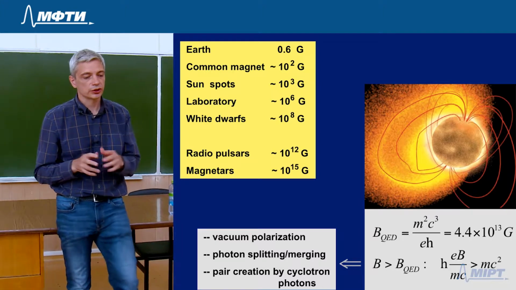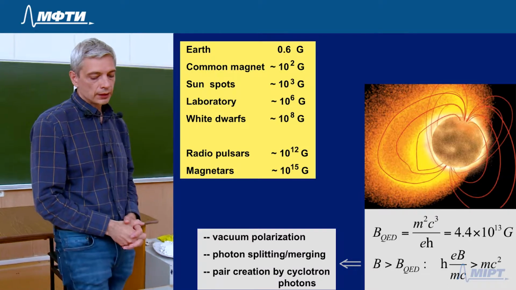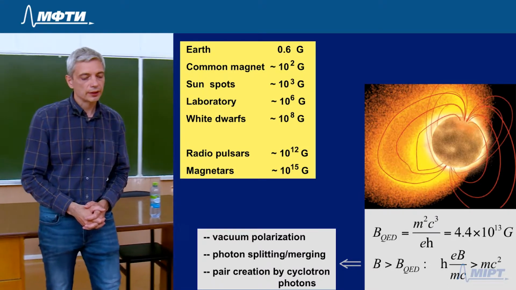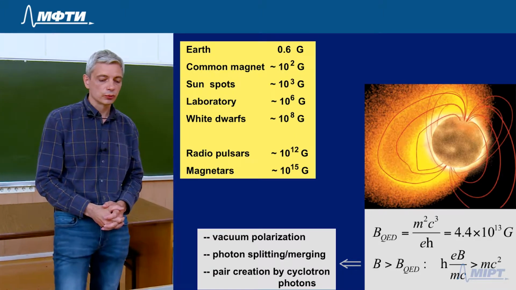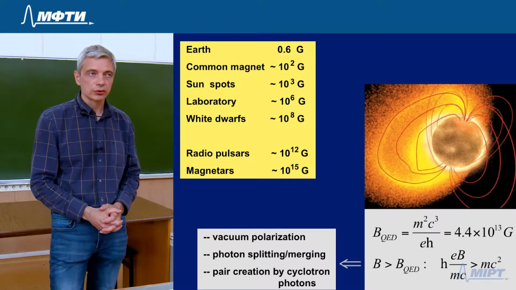You see the expression there, m squared c cubed over eh, where h is the Planck constant. This combination has a dimension of field, and its value is 4.4 times 10 to the 13 Gauss. So magnetars have fields stronger than that.